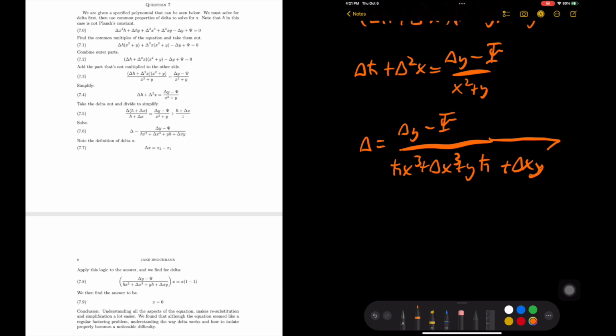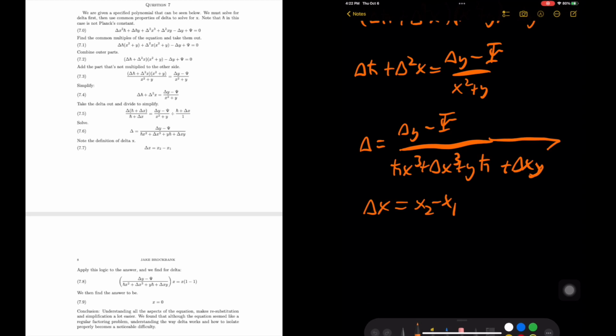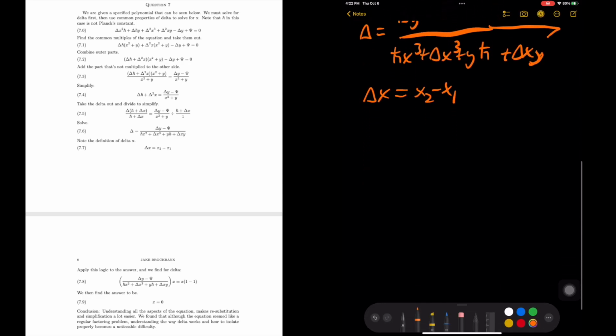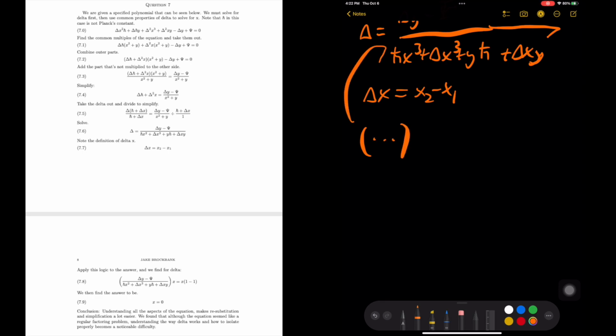So we note that delta x essentially means x2 minus x1. This is using the common properties that I discussed before. So we can apply this logic to the answer, and we find for delta. Note in this case, there isn't a particular difference between x1 and x2. And this works perfectly for us because we can have the fraction that we defined up here, and we can multiply that by x, which is equal to x1 minus x1, right?